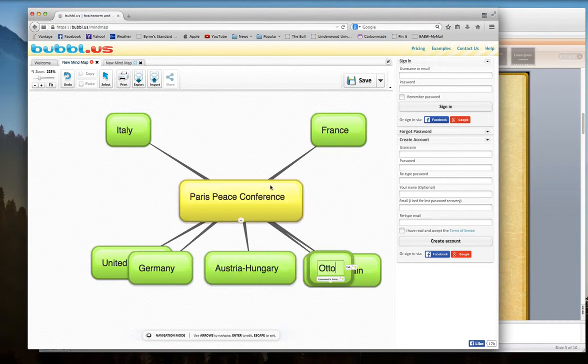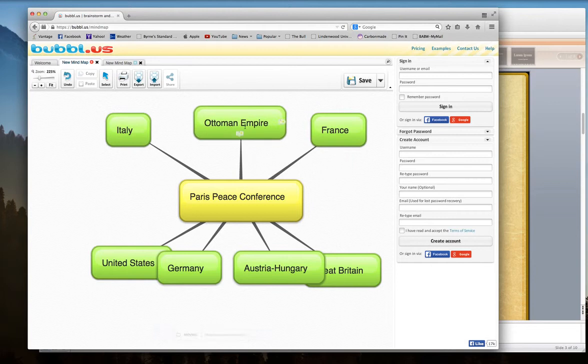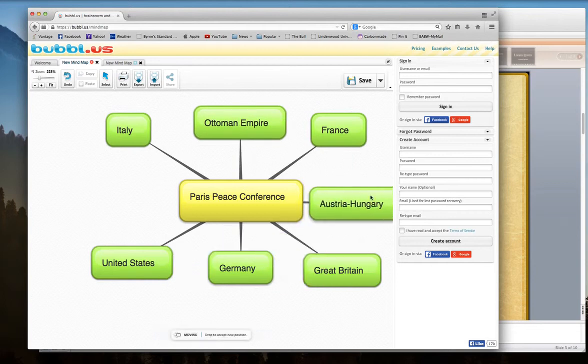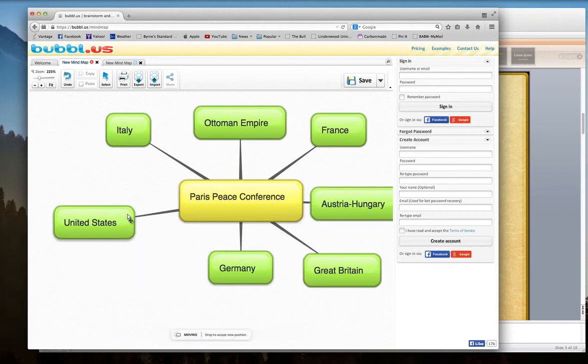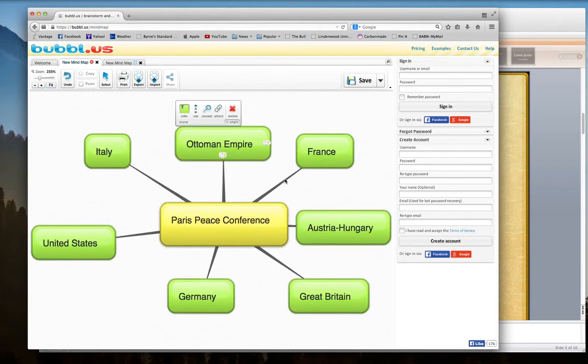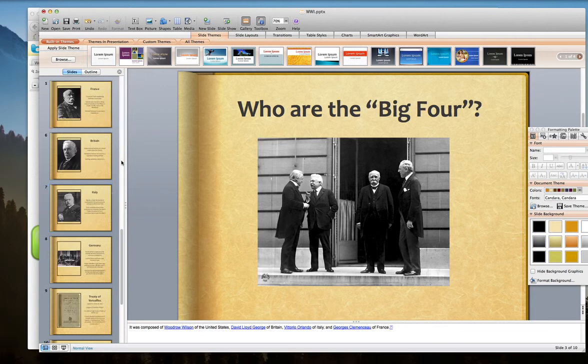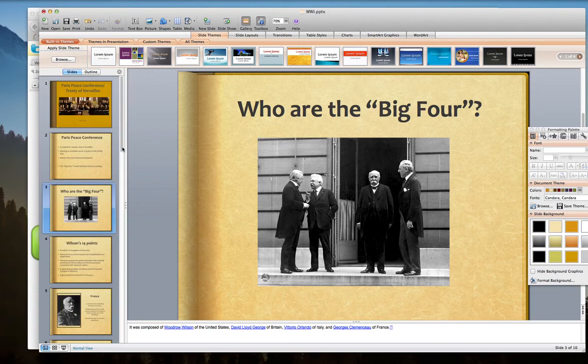And also let's throw in the Ottoman Empire for good measure, since they were part of the Central Powers as well. But we want to have our main focus on Germany and Austria-Hungary. So now with our mind map started, we can gather a lot more ideas for our research that we're going to perform here in a little while when we get into groups.